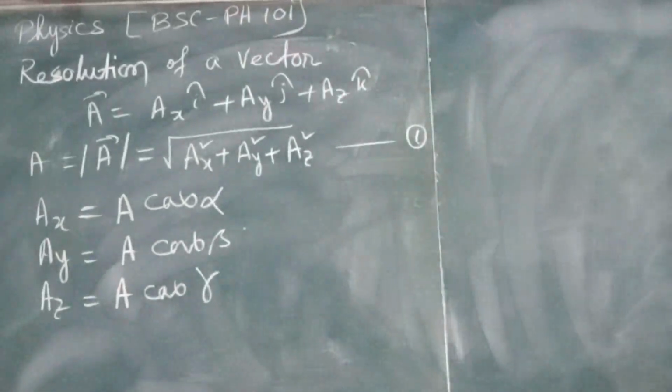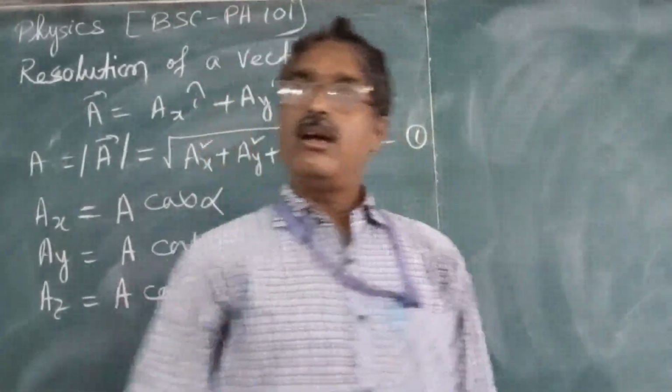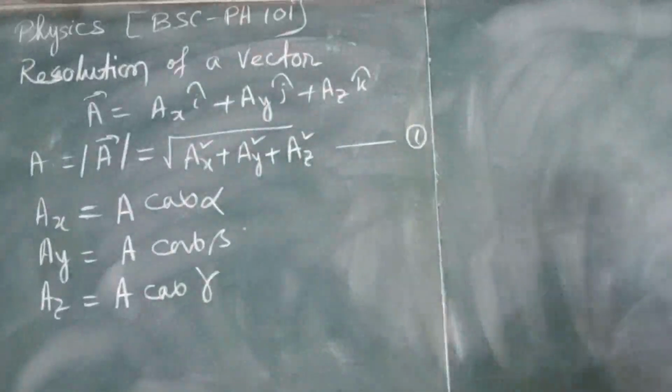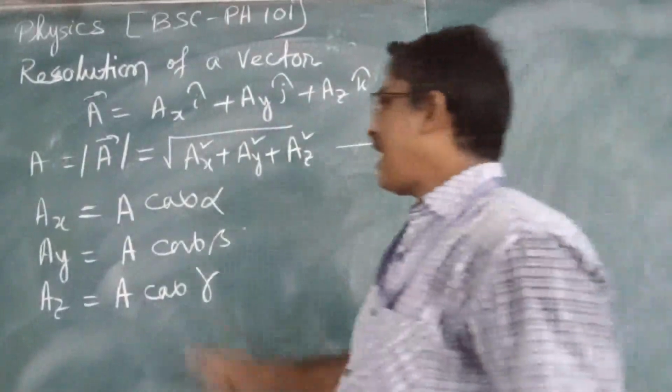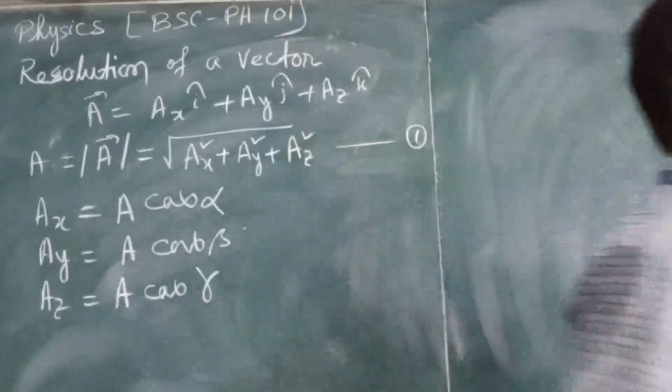These are the components of A along the x, y and z axes, where alpha, beta, gamma are the angles between A and the x axis, A and the y axis, A and the z axis.